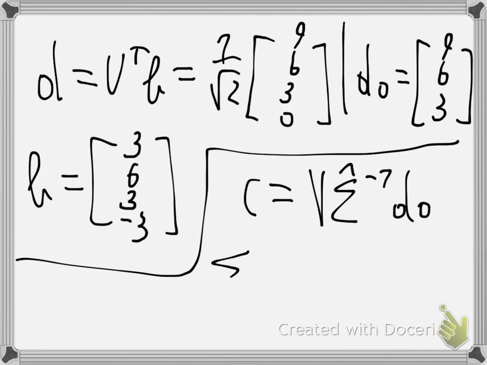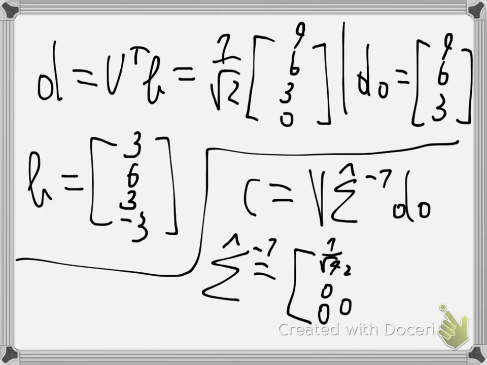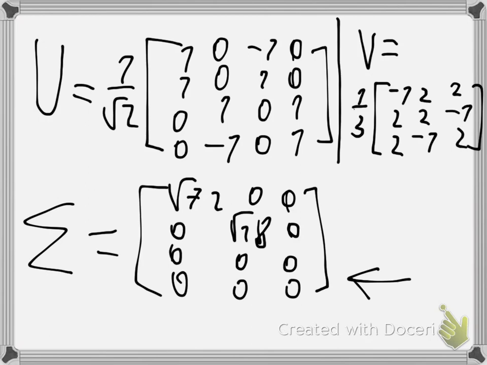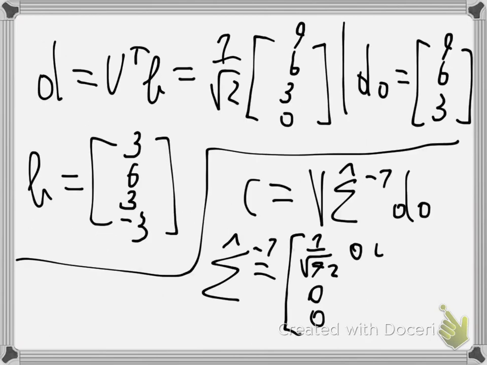And so our sigma hat will be the inverse. Here we have zeros. Remember, the inverse is 1 over square root of 72, 0, 0, 0, 0, 1 over square root of 18, 0, 0, 0.